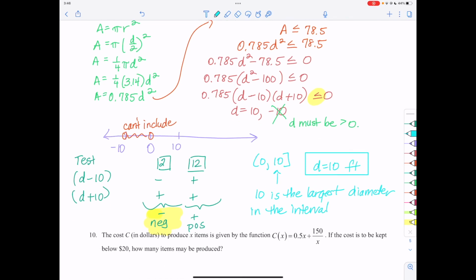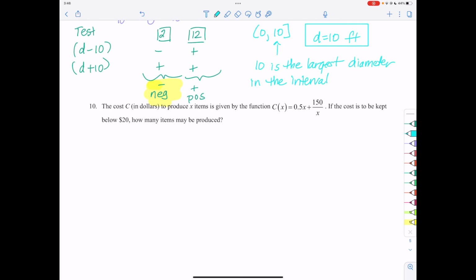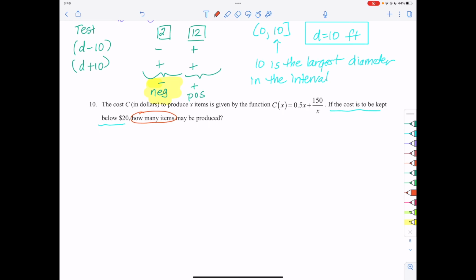Okay, let's look at number 10. The cost in dollars to produce x items is given by this C of x function. If the cost is to be kept below $20, so we want the cost below $20, how many items may be produced?